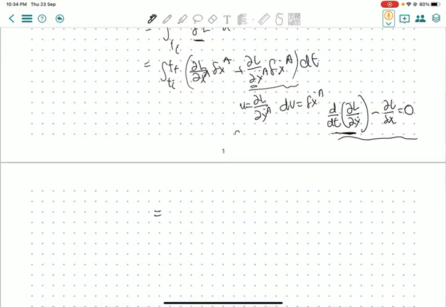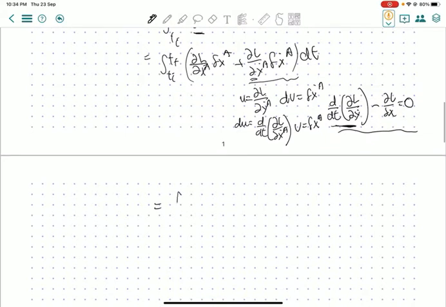So your du is going to be d on dt, partial L, partial X dot A, and then v is going to be delta X A. So perfect. So now you have TF, TI, partial L, partial X dot A, delta XA.